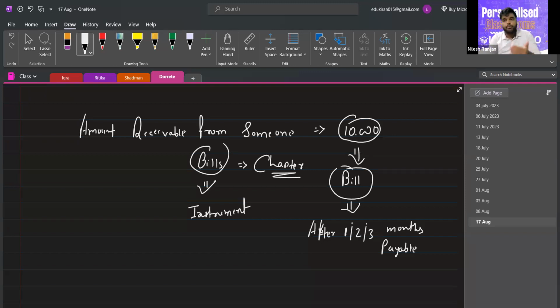Now, if a bill is related to an amount receivable, then it is called bills receivable. And when a bill is related to an amount payable, then it is called bills payable.